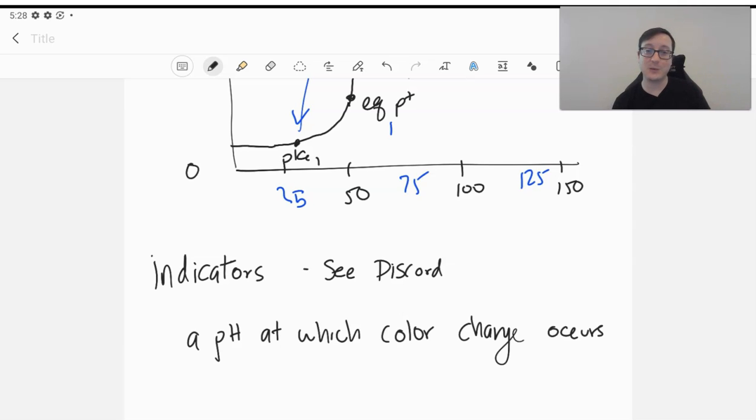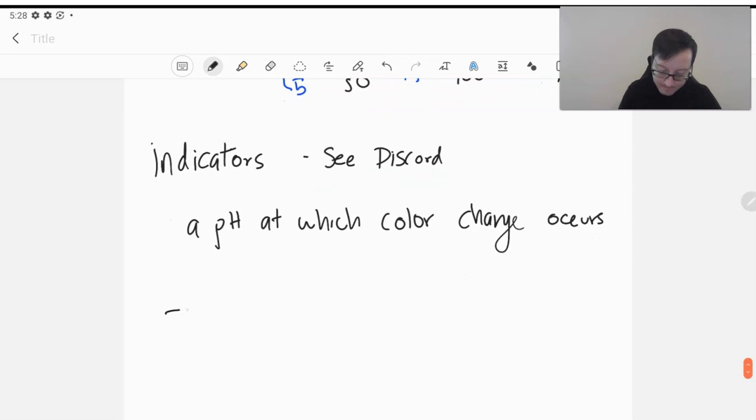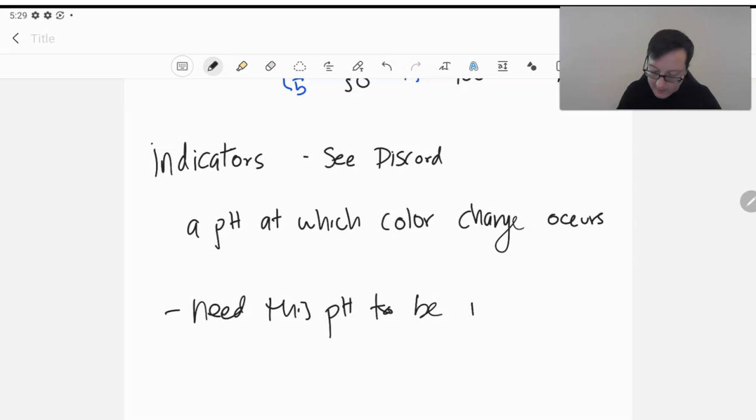But if we're doing weak acid, weak base, we might have to think about which indicator to use, because we want the pH where the color change is happening to be near the equivalence point.